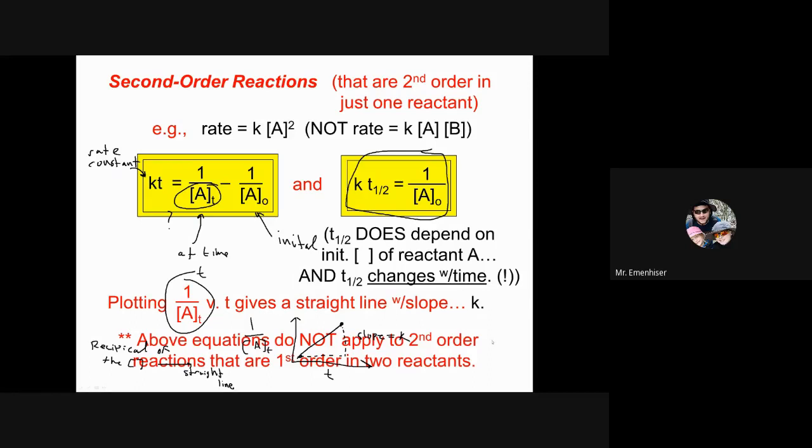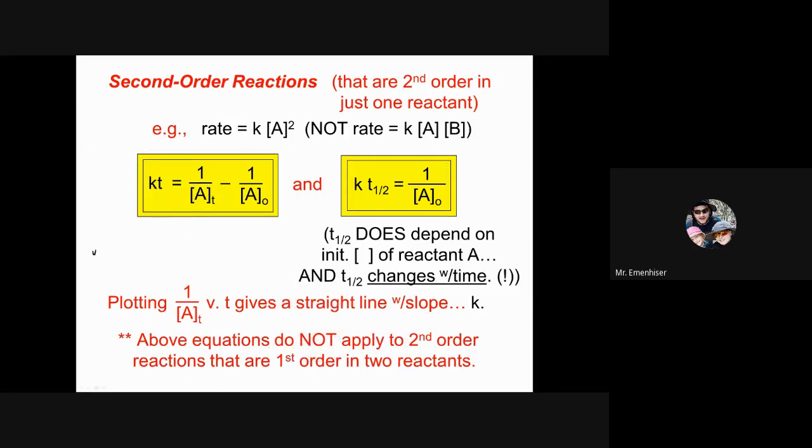Okay, the above equations do not apply to reactions that are first-order in 2 reactants. It has to be second-order for that one reactant. So what does that mean? The rate law needs to look like this. It needs to have 1 reactant that is second order, and then this will be the integrated rate law for that. It does not apply to equations that are overall second order. So what does that mean?